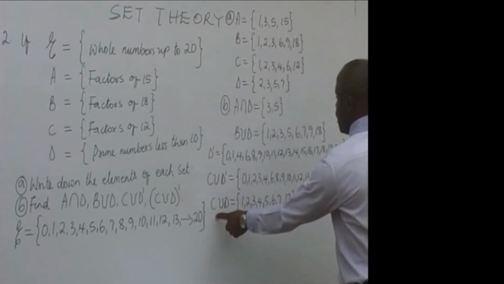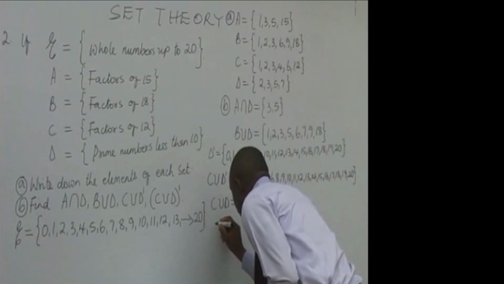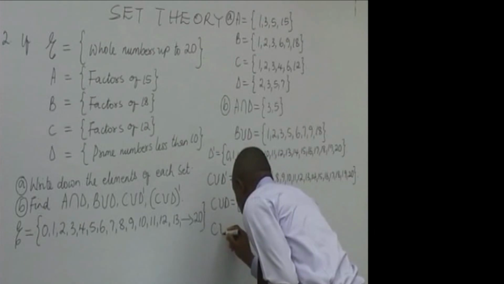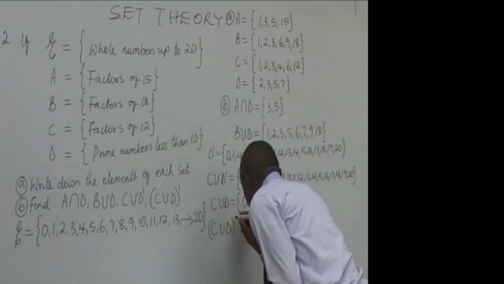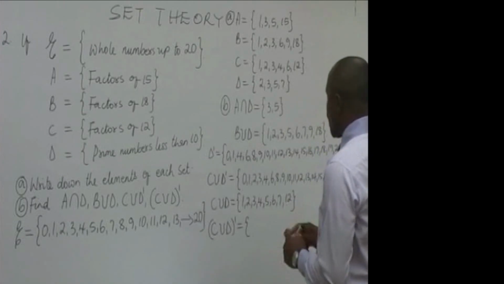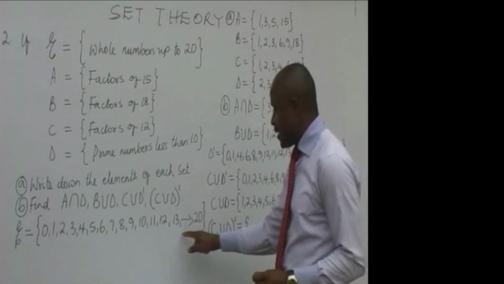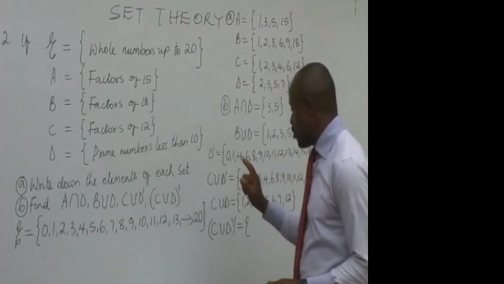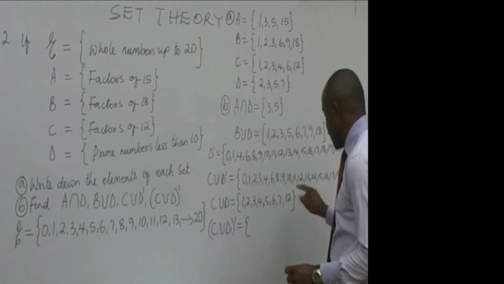So this is C union D. C union D prime is going to be equal to all the members of the universal set that could not be found in C union D, which is this.